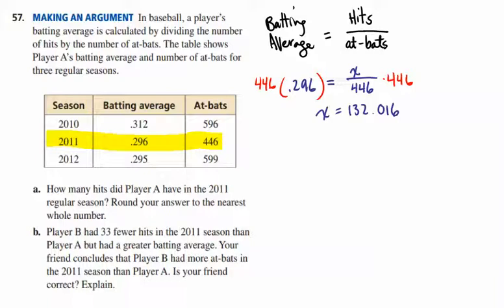So there must have been some rounding to get to 296, and because of that, when we multiply back, we're going to get a fraction here. So we would assume that this is 132 hits for part A.